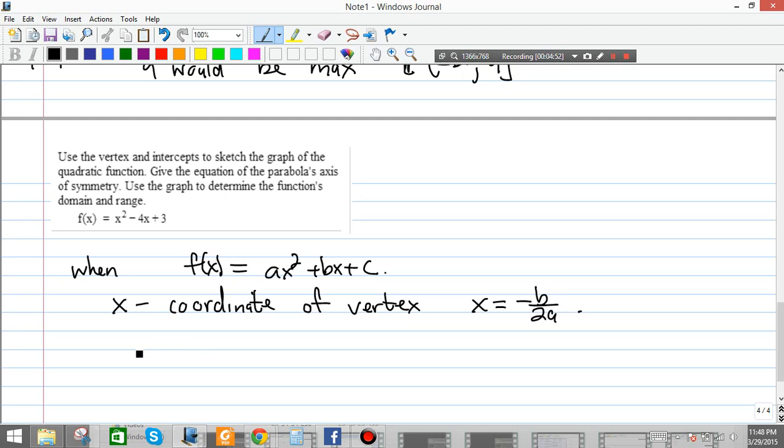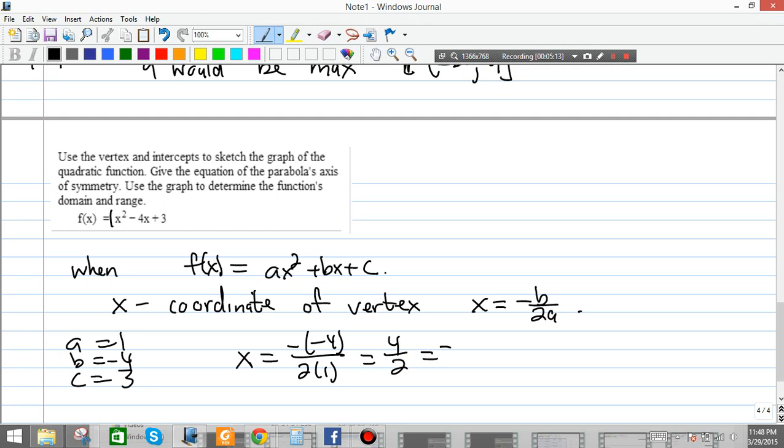So for us here, a is 1, b is -4, and c is 3. The x-coordinate of the vertex is x equals negative 4 over 2 times 1. That's positive 4 over 2. That's 2. That's the x-coordinate of the vertex.